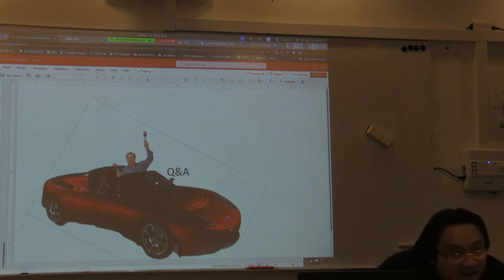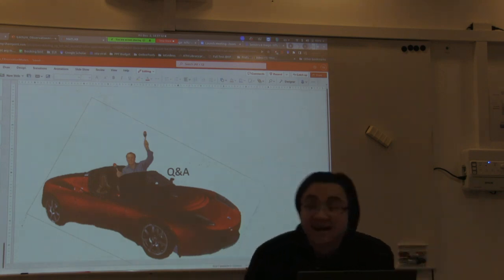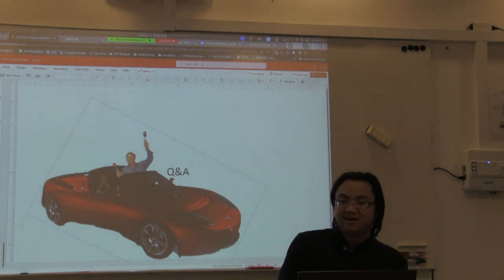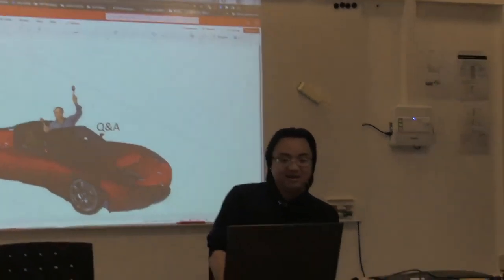I have a question, but it's not really related to this. Not necessarily. When I was looking at the Ceres library, they say they do automatic differentiation and derivatives.